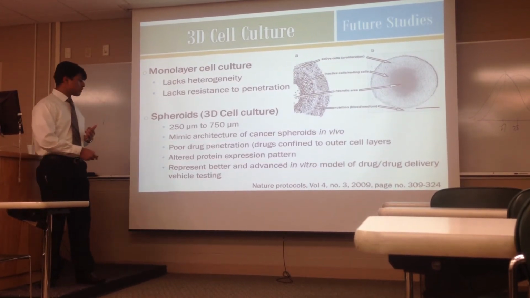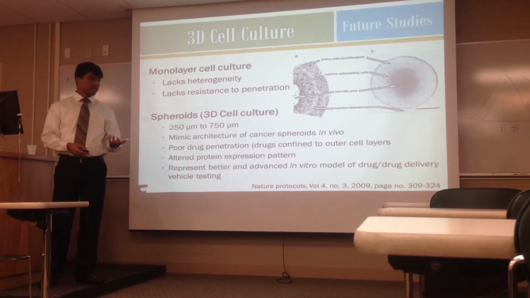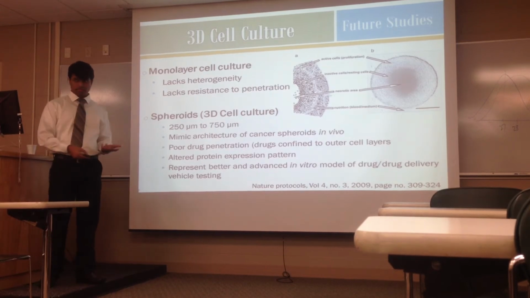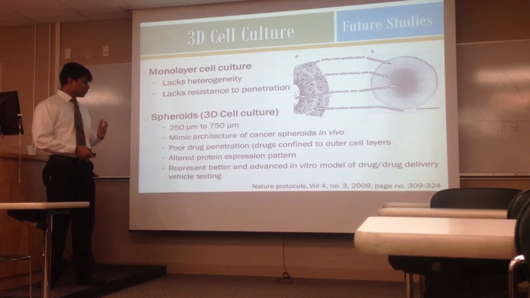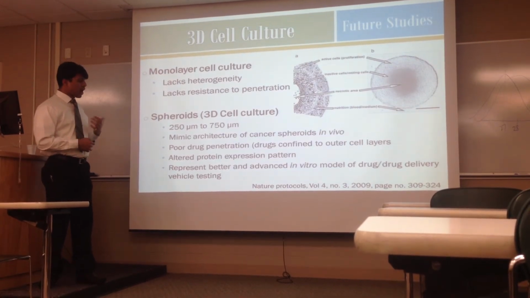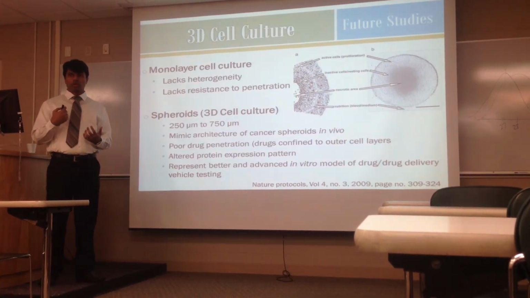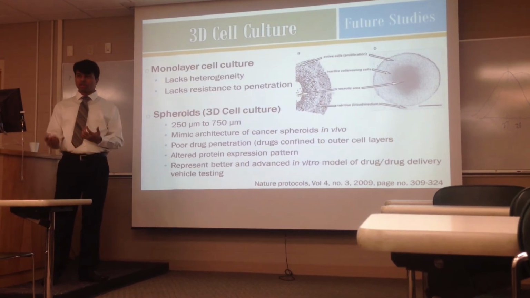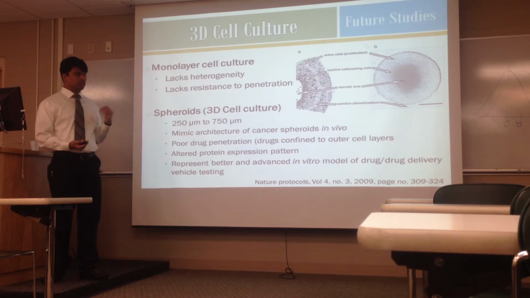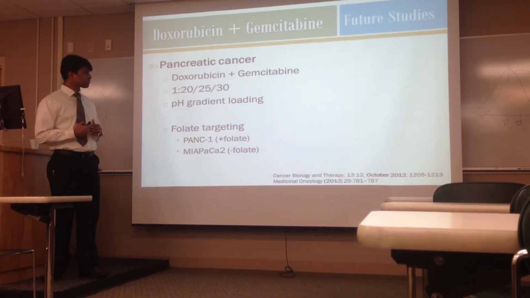They also have altered protein expression patterns, just like in vivo tumors, and also the poor drug penetration, which is there in vivo. So the 3D cell culture represents a better and advanced in vitro model to evaluate new drugs and new drug delivery vehicles. So we'll be doing the studies of our polymersomes with the cancer cell spheroids.